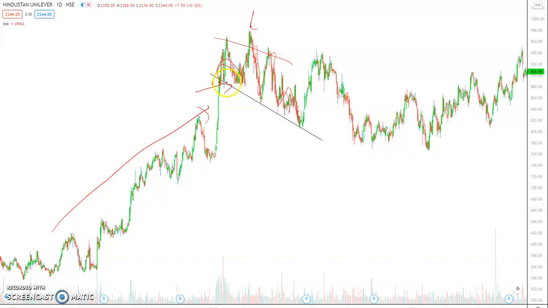But as the neckline is a descending neckline, the market has bounced back. There is no breakout also. The market has bounced back. Even if there is a breakout, it will go back again, so it will hit your stop loss. So as a precaution, we can avoid trading when the neckline is a descending one.